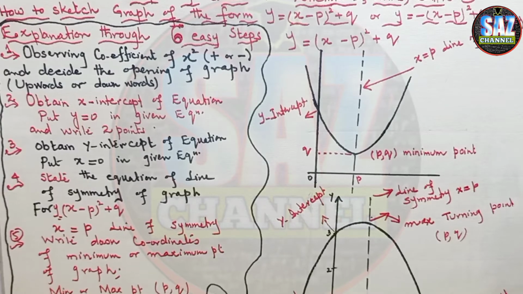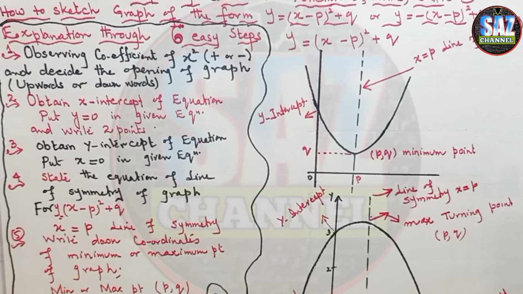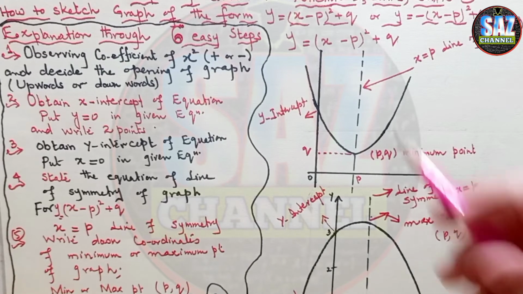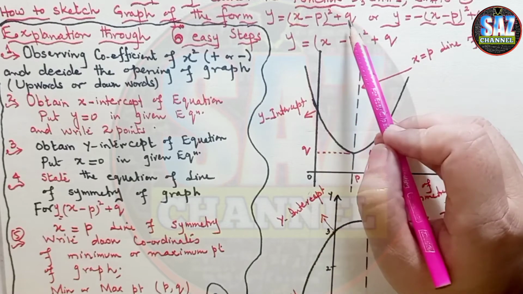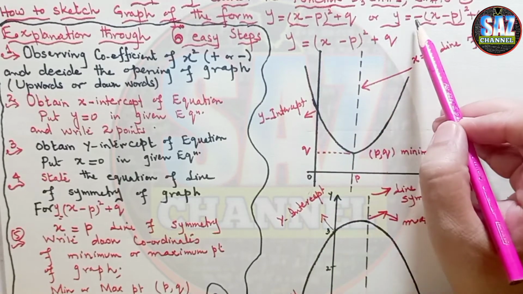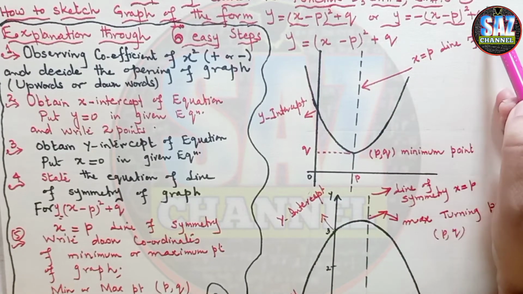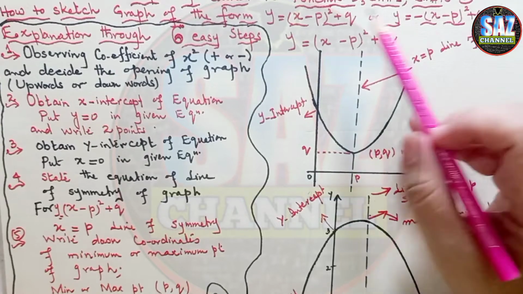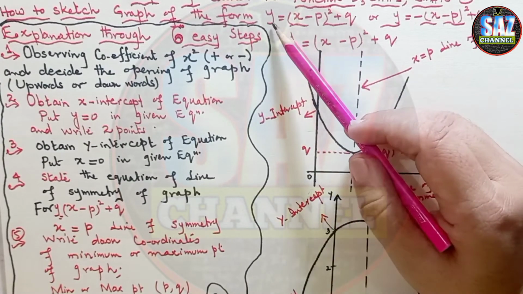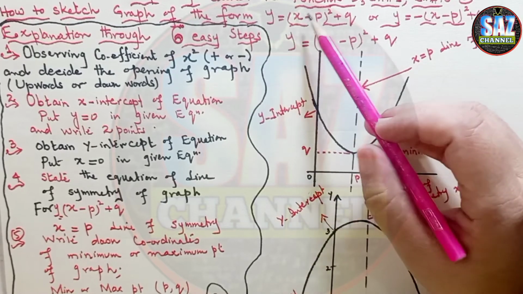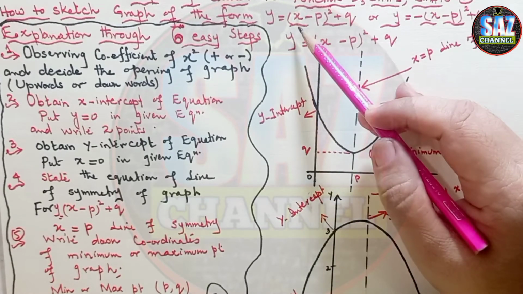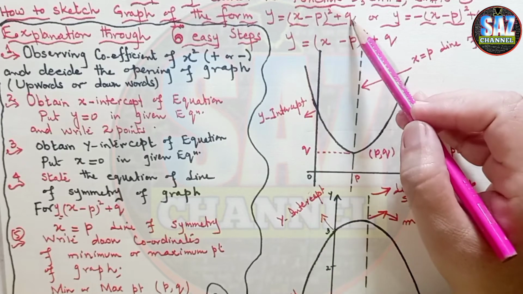And the objective of today's class is to teach my students how to sketch the graph of quadratic equation in the form y equals (x minus p) whole squared plus q, or y equals minus (x minus p) whole squared plus q. Okay, if we look at this situation given, we can see that the expression on the right hand side is written in the form (a minus b) whole squared plus q.